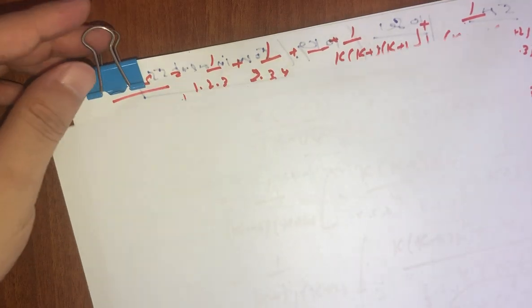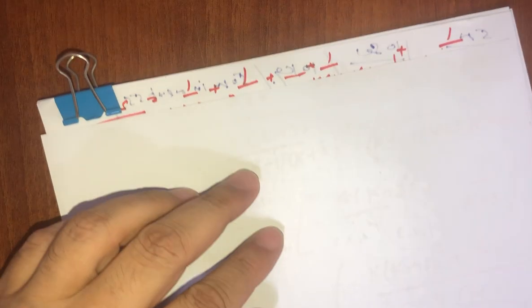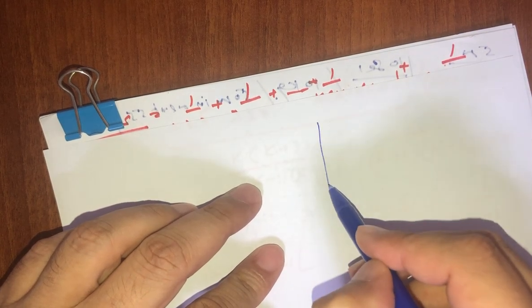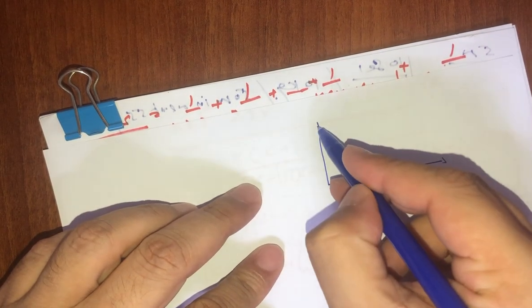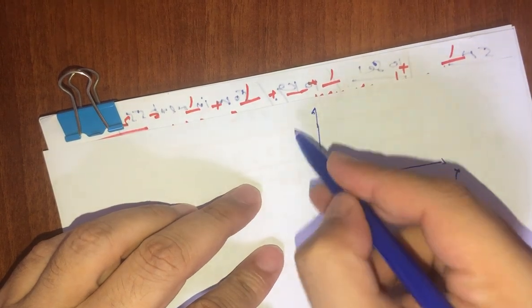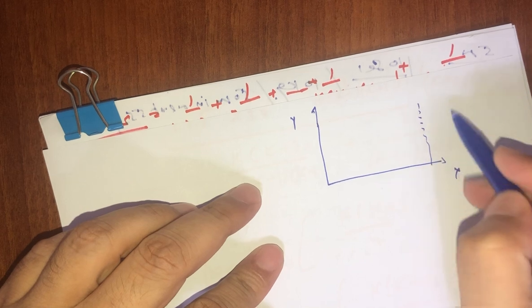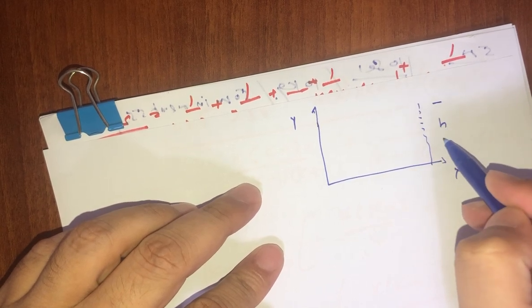So in this case we are going to find out. First of all, let's draw the description of the question. This is x-axis and this is y-axis, and with the tower, let us suppose h is the height of the tower.